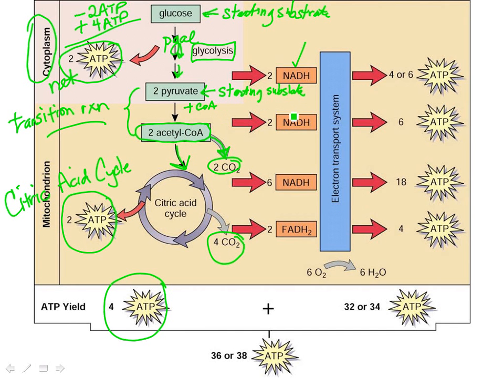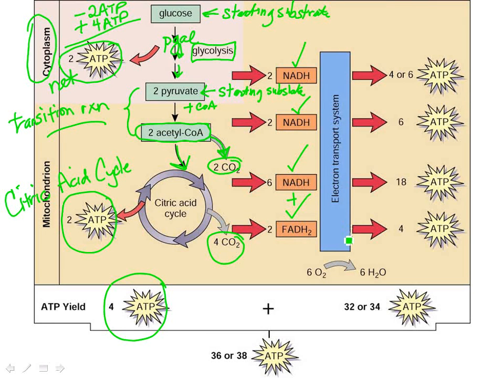During the transition reaction, we created another two NADHs, which would also transport their hydrogen ions and electrons down to the electron transport system. The citric acid cycle created 6 NADH molecules, plus it created 2 FADH2 molecules, and it's taking those hydrogen ions and electrons down to the electron transport system.